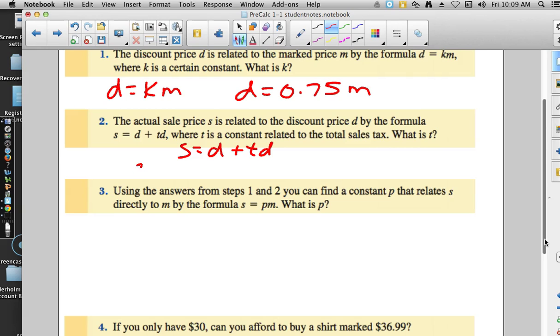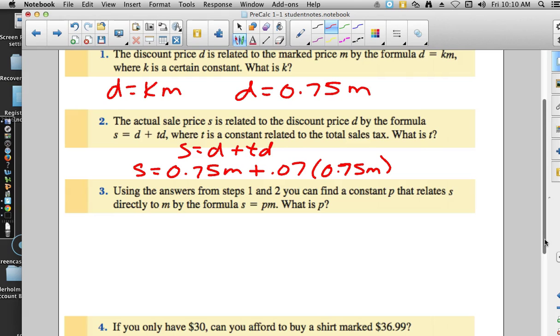So what we would have to do is say, all right, we know that we're going to pay 75% of whatever the market price is for this thing. But in addition to that, we have to do the tax. So what should we put in there for the tax? 0.07. Because with decimals, remember, percents always have to move those 2 decimals.